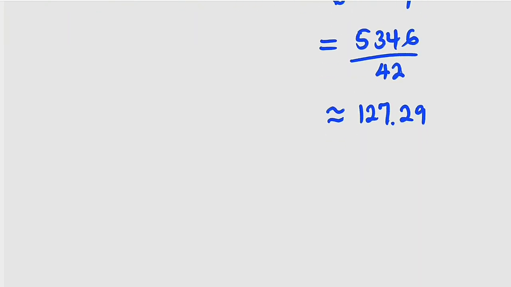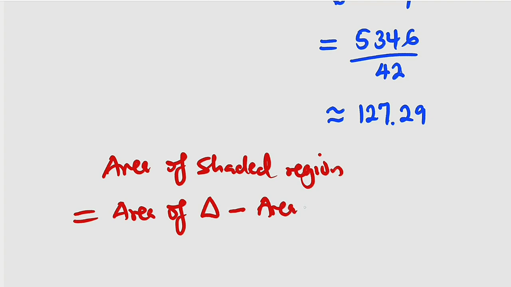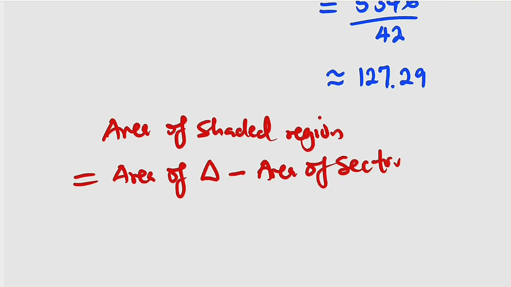Remember, we are looking for the area of the shaded region. So area of shaded region will be equal to what? Area of triangle minus area of sector. So what is the area of the triangle?